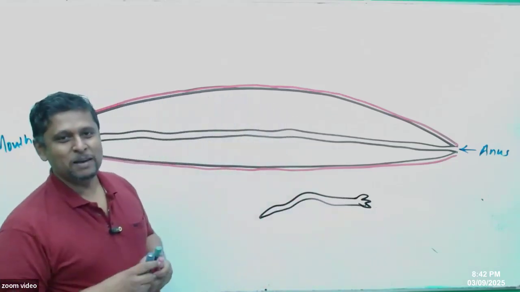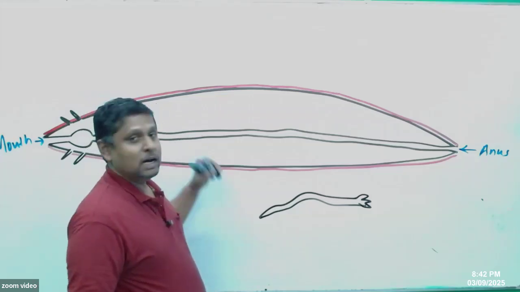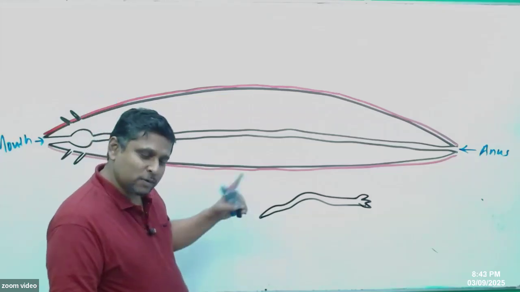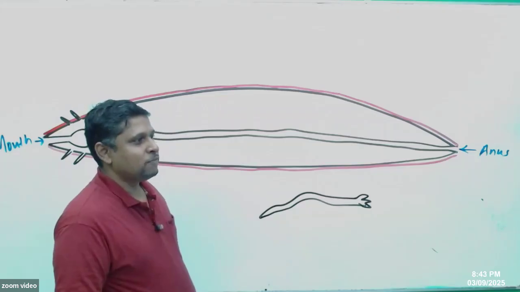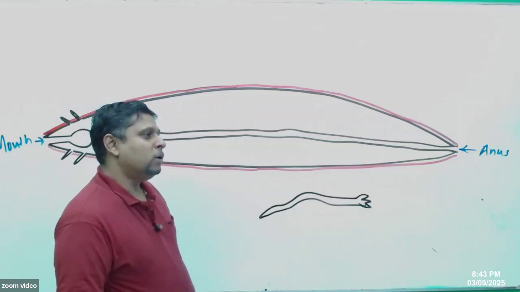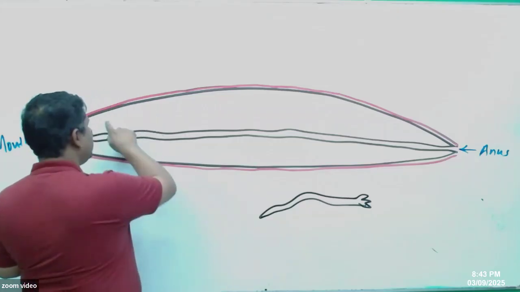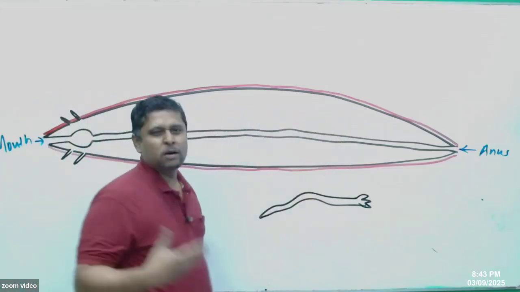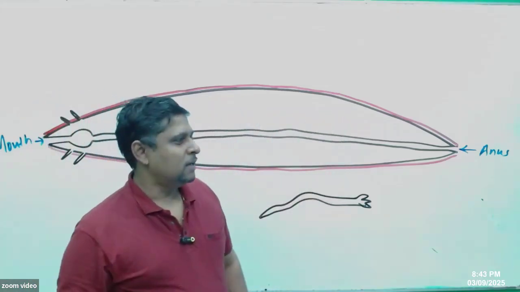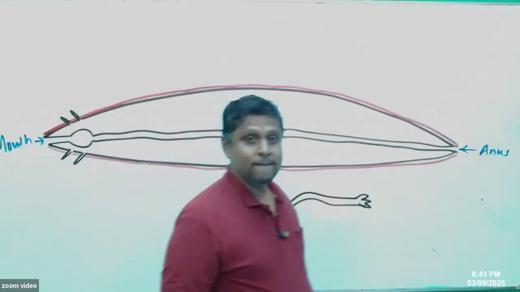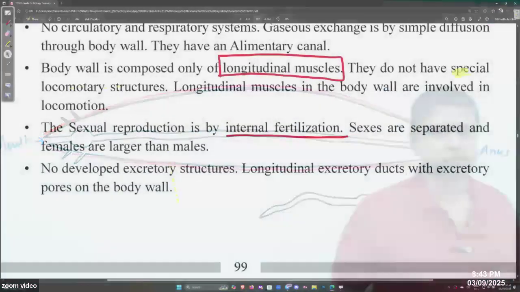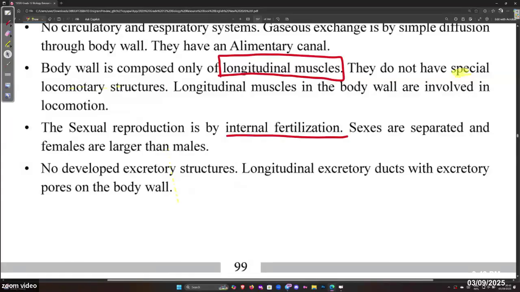Sweet male. And then large females. So size-wise, we can see a clear difference. No developed excretory structure. Some ducts are available. They say some tubes are present, but no well-developed excretory structures. So check that.